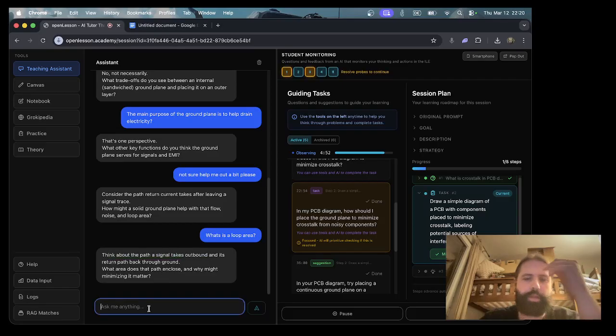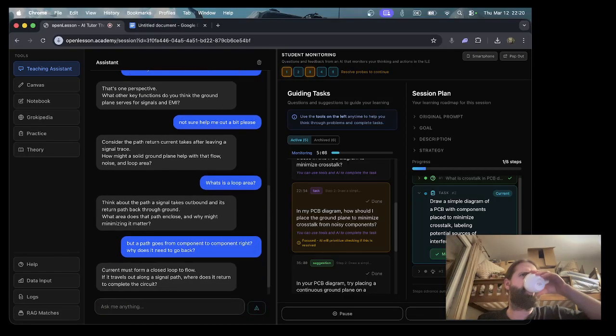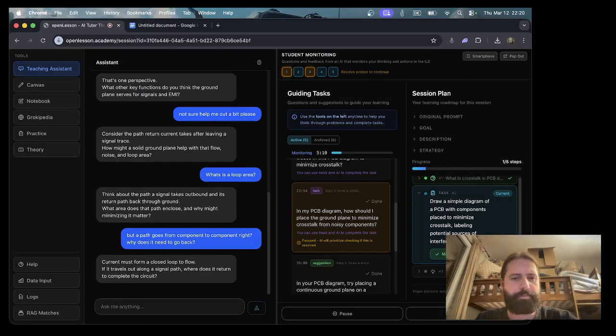But a path goes from component to component, right? Why does it need to go back? Current must form a closed loop to flow. Yeah, well, okay, that's true. That's a stupid question I had.